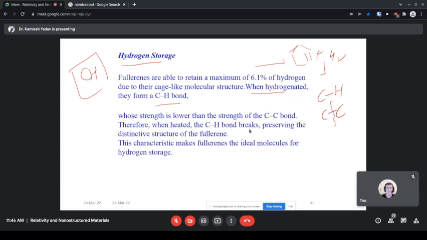It is very difficult to break the carbon carbon bond, but it is very easy to break the carbon hydrogen bond. What is the meaning of this? You can consider, we can use fullerene for the storage of hydrogen. You can pass hydrogen, that hydrogen will combine with the carbon atom, and that will form carbon hydride. But suppose when you have to use hydrogen, then applying little force, the carbon hydrogen bond can break, and then you can obtain the hydrogen again.